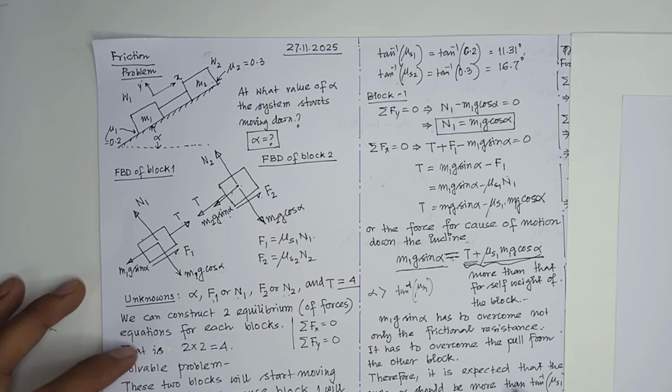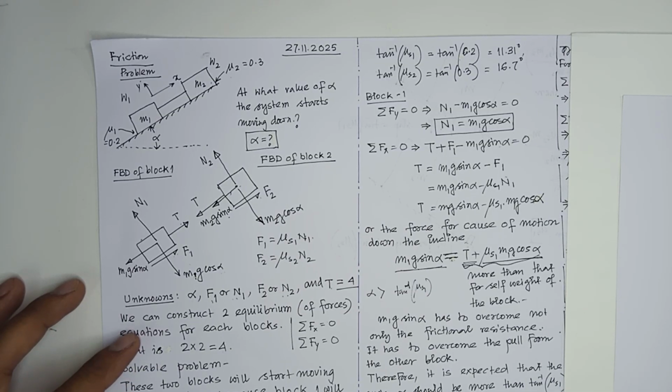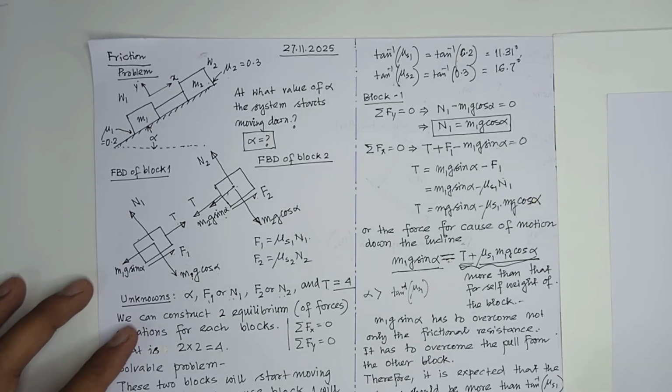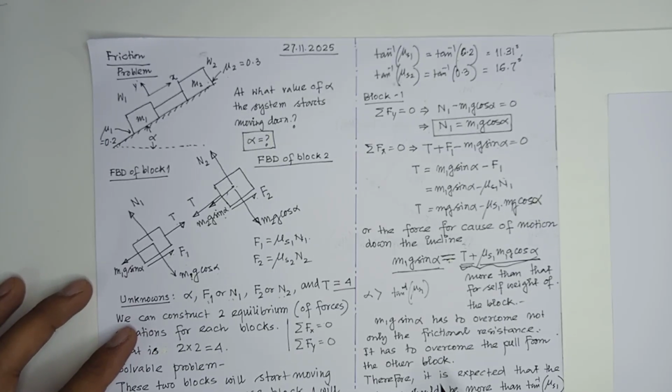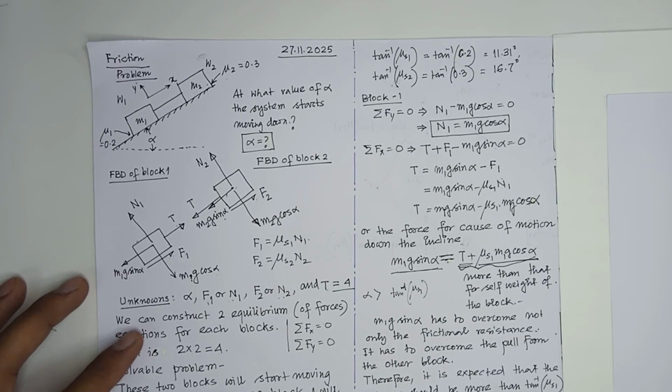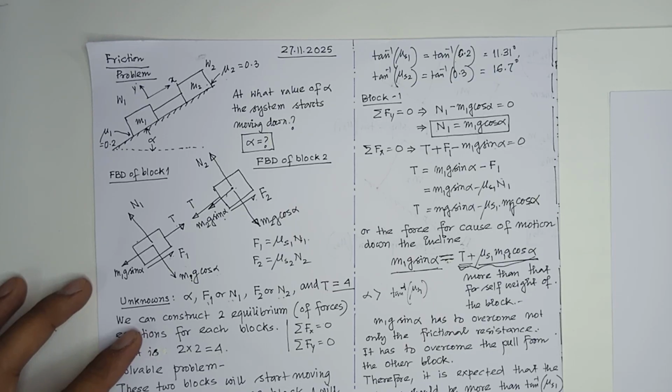Therefore, it is expected that the angle alpha should be more than tan inverse mu s1, that is 11.31 degrees. Following similar logic, you can show that the angle alpha should be less than tan inverse 0.3 also.